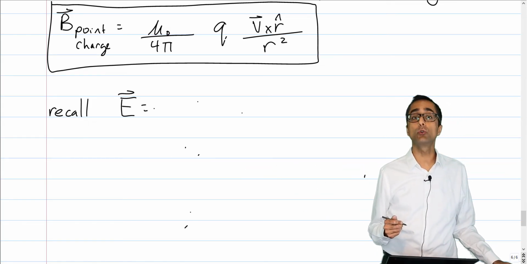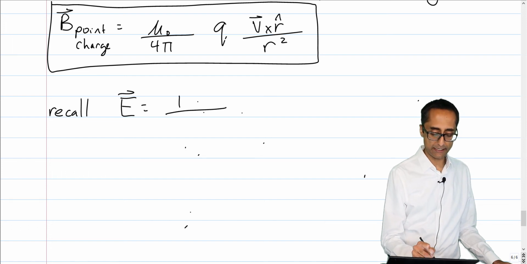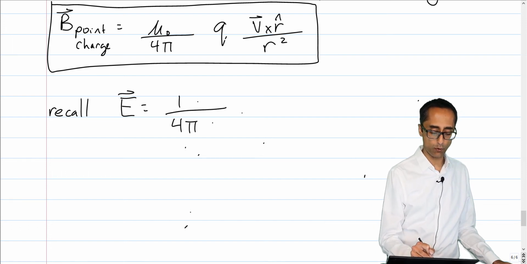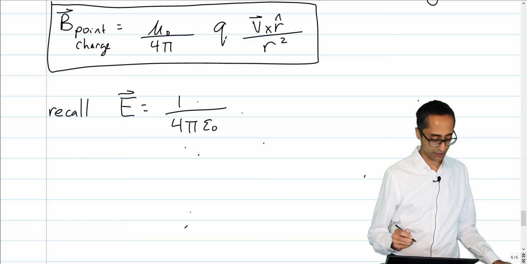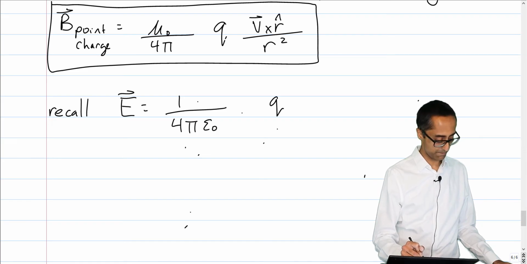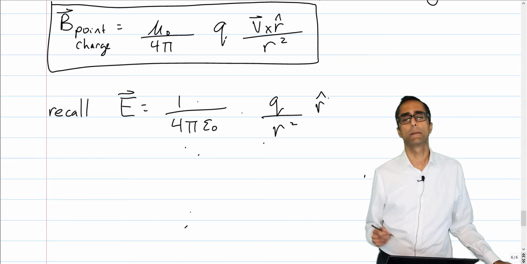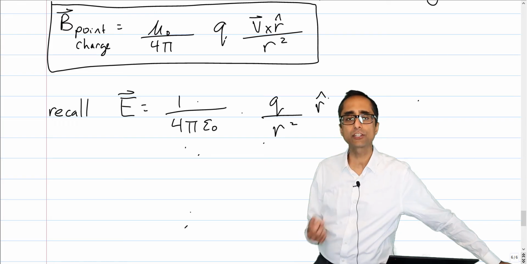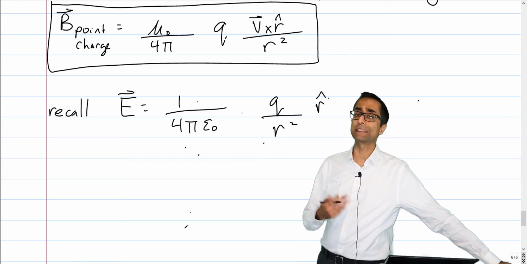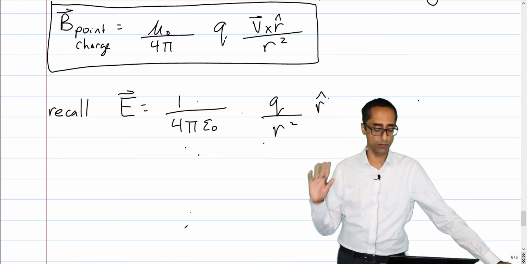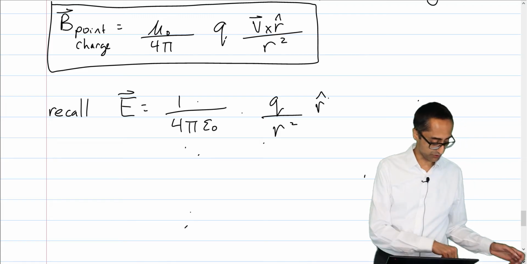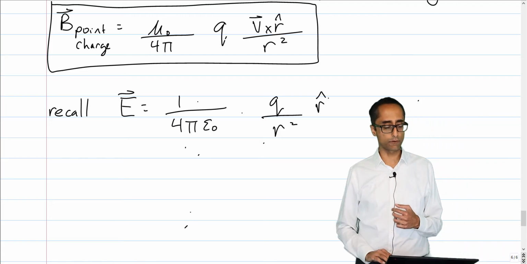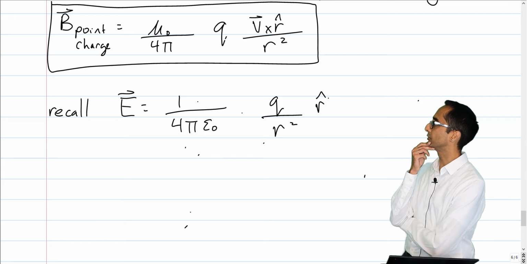You know it as kq over r squared. If we write it in its other form, it's 1 over 4 pi epsilon naught, q divided by r squared, r hat. Remember, the r hat is a unit vector. It gives us the directional information we need, but the size of the unit vector is just 1 when we're finding magnitude. All right, so that is sort of the longer version of our electric field equation.